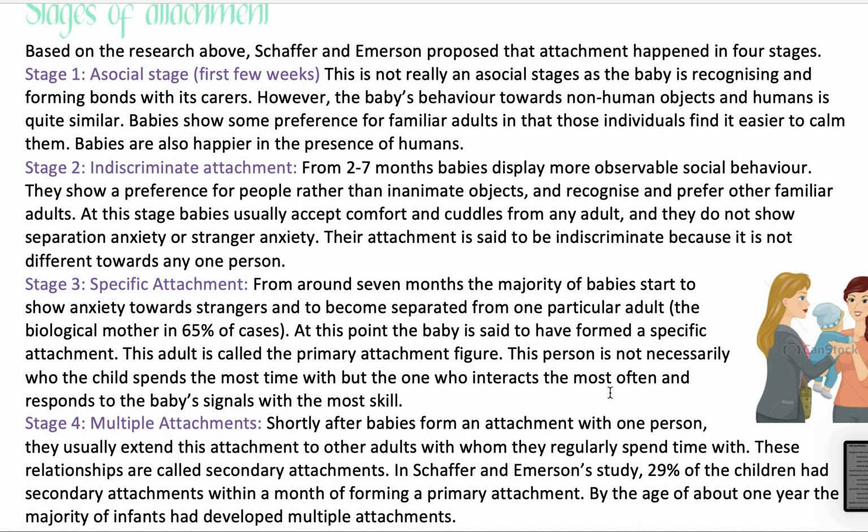They will be more easily comforted by familiar adults, but generally they will accept comfort from everybody, and they don't show separation anxiety, they don't show stranger anxiety. So there's not a specific adult that they would prefer. They would act in the same way, whether it was an auntie, uncle, cousin, a new person that they've only met a few times, etc., or the mother.